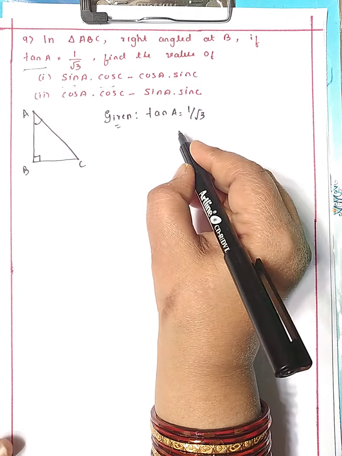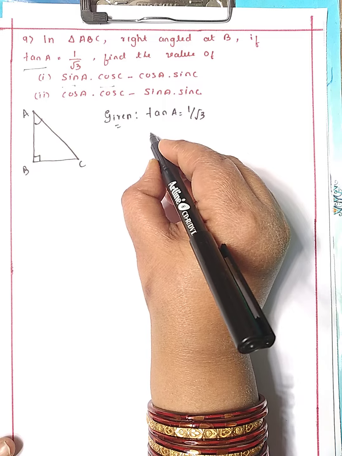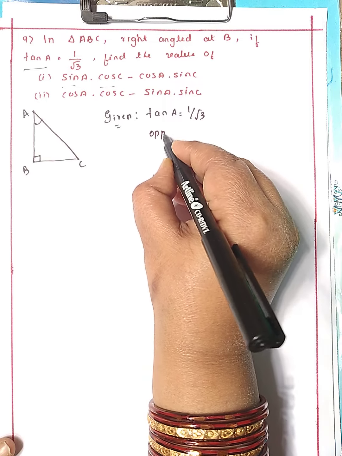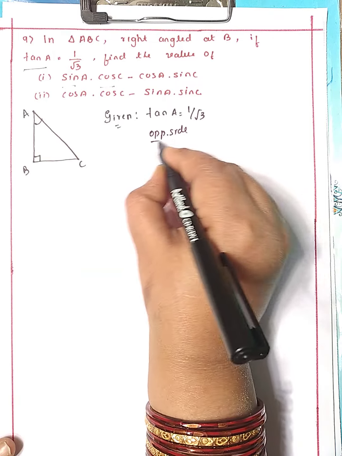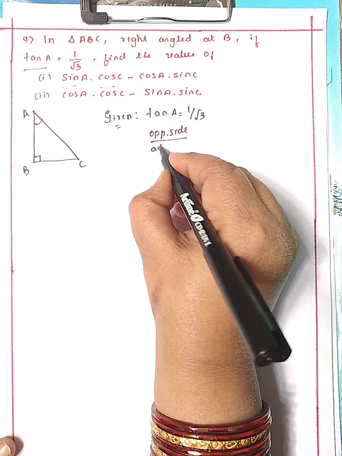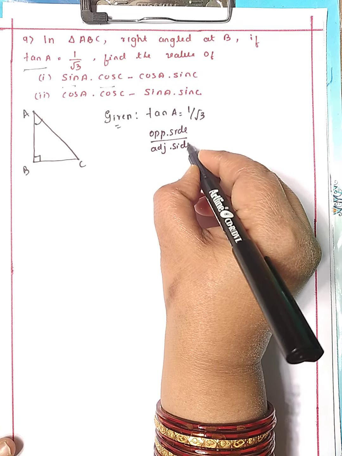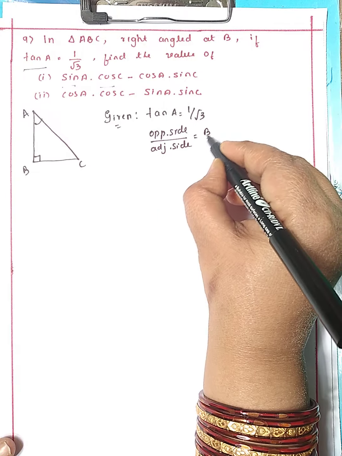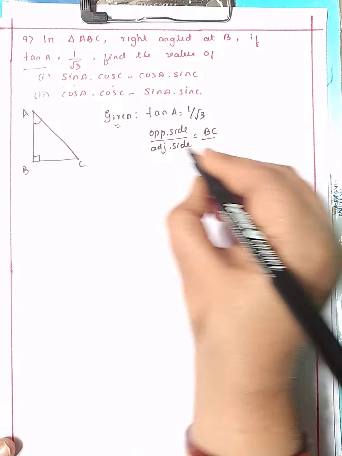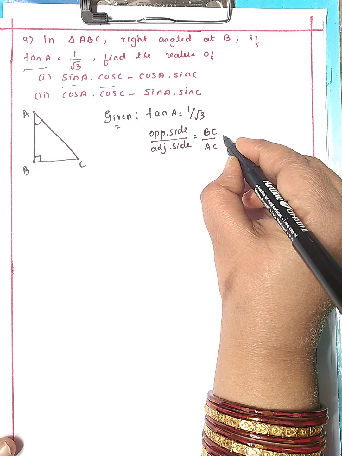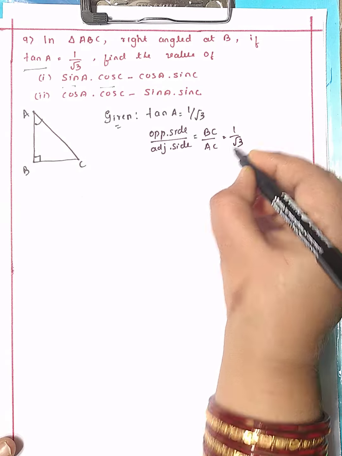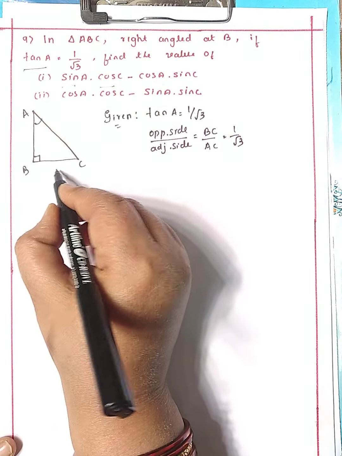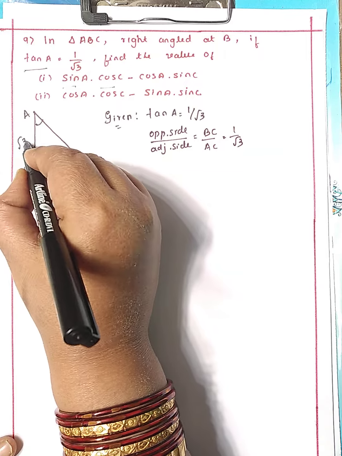The ratio of tan A is trigonometric ratio is opposite side by adjacent. For A, opposite is BC and adjacent side is AB. This is 1 by root 3. So BC is 1 and this is root 3.